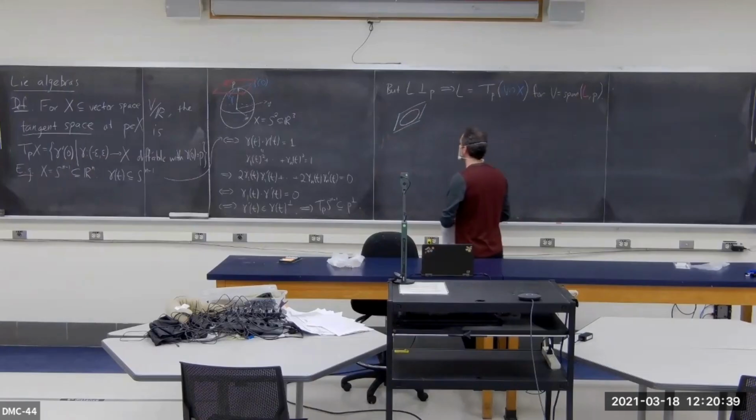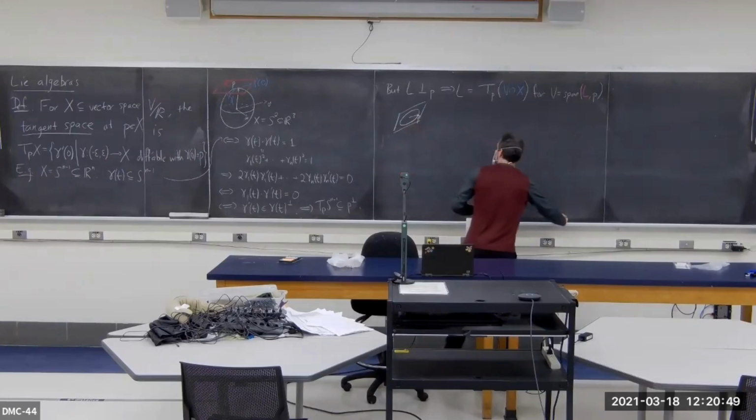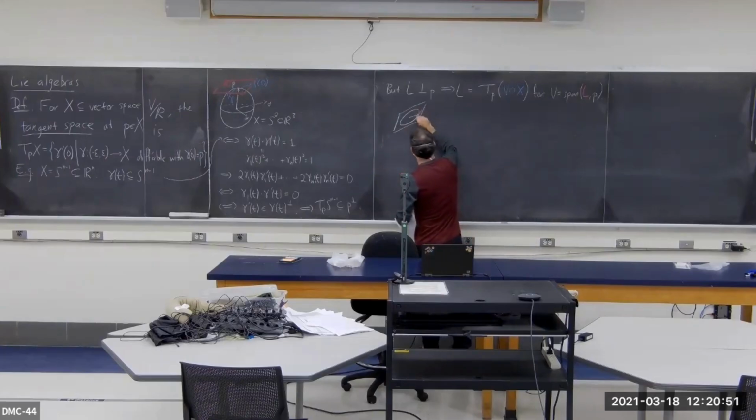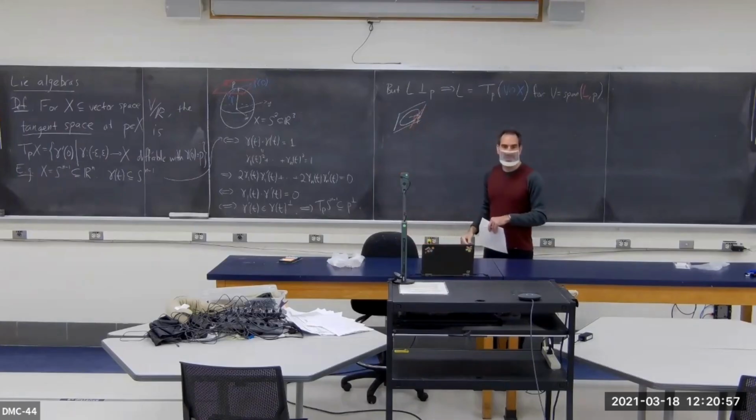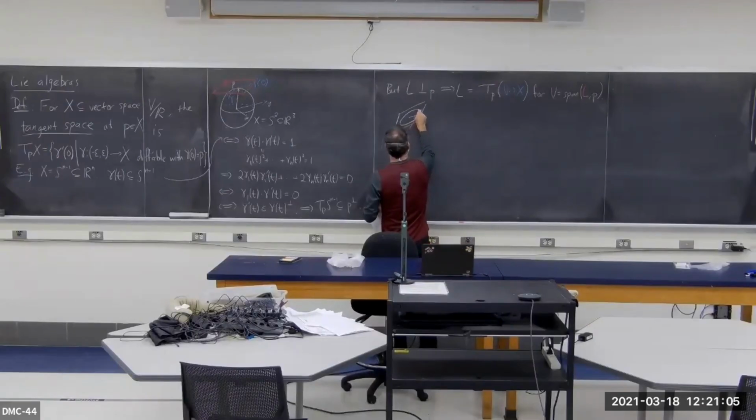Which two-dimensional plane do I want to use? Well, if that was my point P, that's the origin, that's P, and now I have my line L. I've already said that L is orthogonal to P. Now if I take the span of L and P, V intersect X is this blue thing.